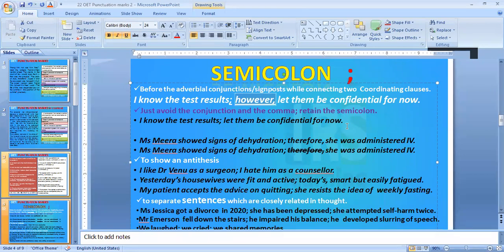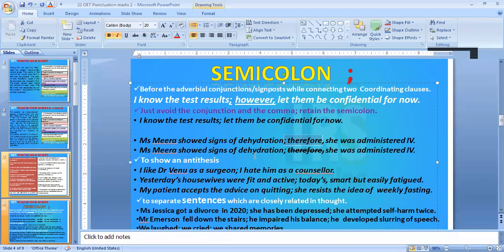Okay, next sentence. Same rule. The same rule is applied here in the next sentence. Semicolon and signpost, therefore, comma. You can remove this signpost and comma and say Miss Meera showed signs of dehydration, semicolon, she was administered IV.